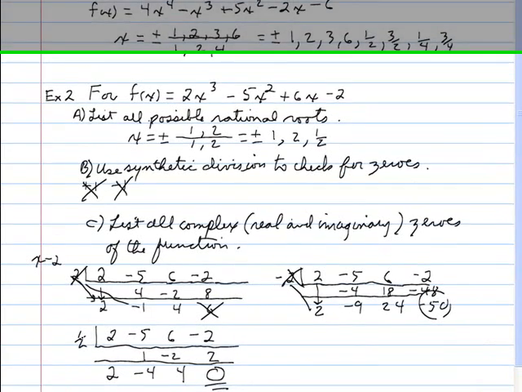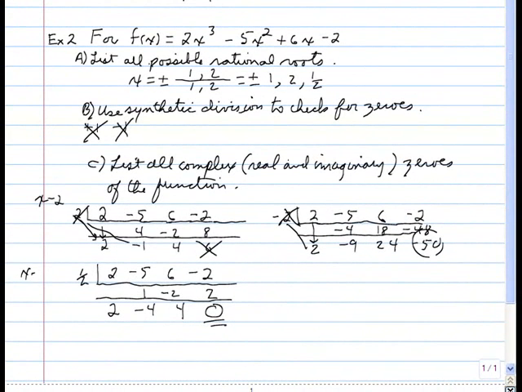That means x minus a half divided that evenly. So that means our original function, f of x, can be written as f of x is equal to x minus a half, that's what worked out as a factor, times, and now the rest of it comes from this, 2x squared minus 4x minus 4.